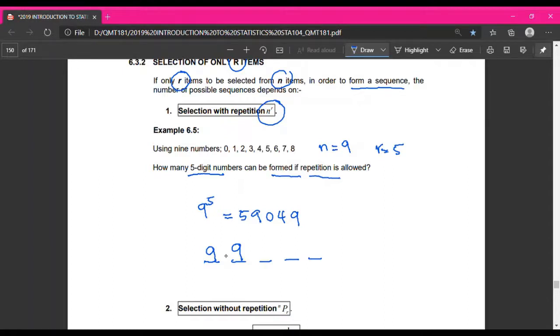Once kita dah guna kat sini 1, kat sini pun boleh guna balik lagi nombor 1. So 9, 9, 9, 5 kali saja sebab kita nak form 5 digit numbers only. So just multiply this. So you akan dapat 9 power of 5. Jawapan yang sama.